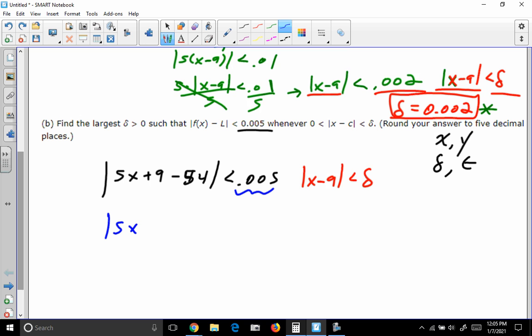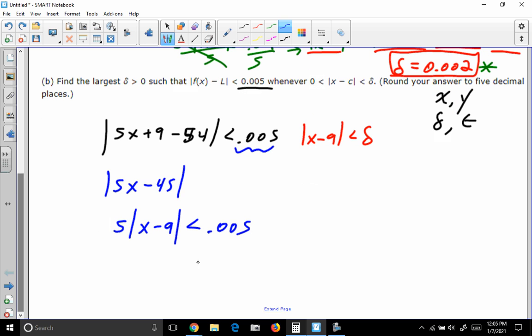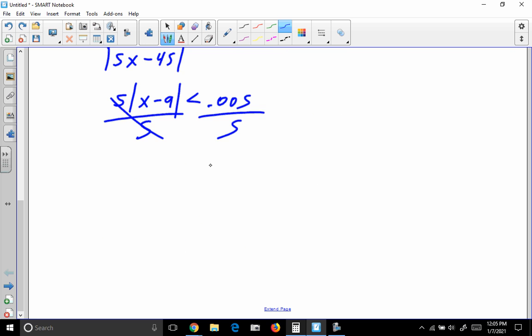So we're going to do the same thing. We're going to end up with 5x minus 45. So we're going to be able to factor out a 5 and get 5 times the absolute value of x minus 9 is less than 0.005. If we divide both sides by 5, we get the absolute value of x minus 9 is less than 0.001.